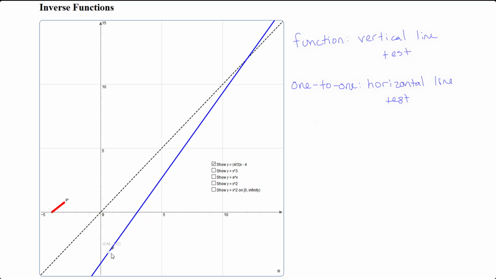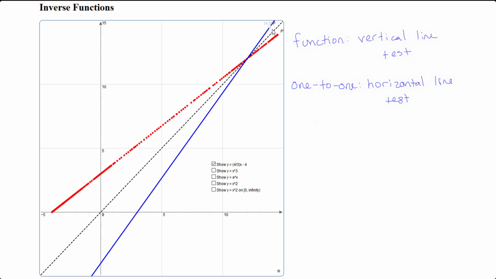This particular point is at 0.66 and negative 2.12. If I look at the image of that point on the other side, it's at negative 3.12 and 0.66, which means the new point is found just by swapping the x and y values, which is where the symmetry about the line y equals x comes from.